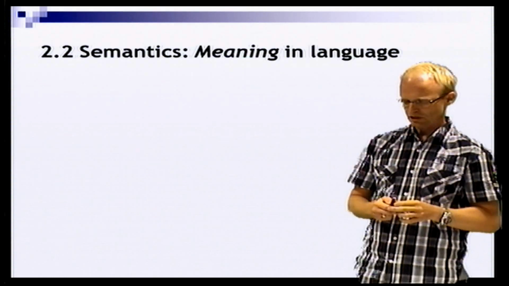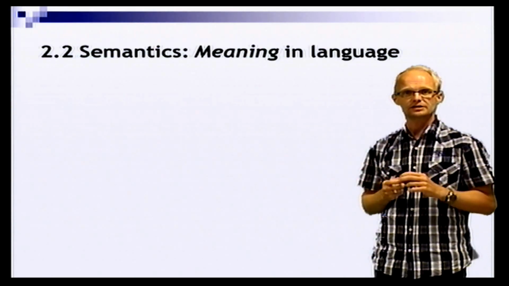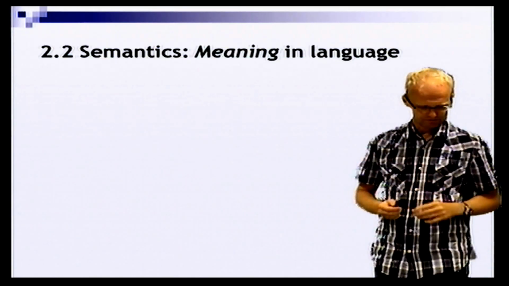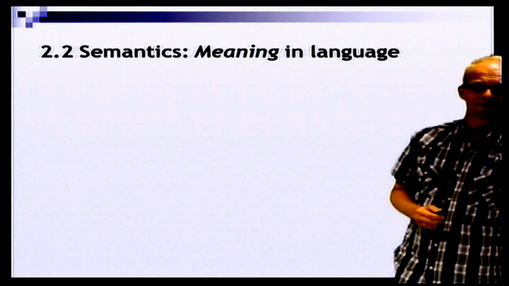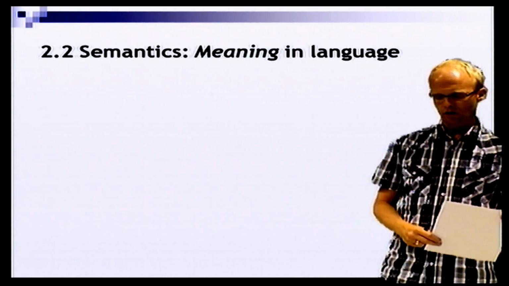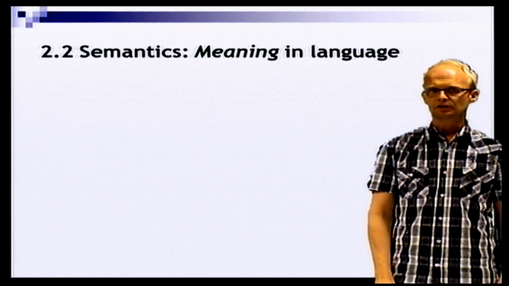So, I said that I was going to devote most of this lecture to meaning and language in use, or semantics and pragmatics. If we start with meaning, some time ago I had a discussion with two students on the meaning of the word blunt, B-L-U-N-T.